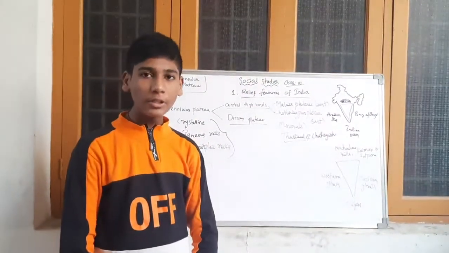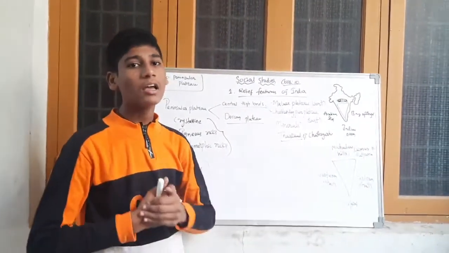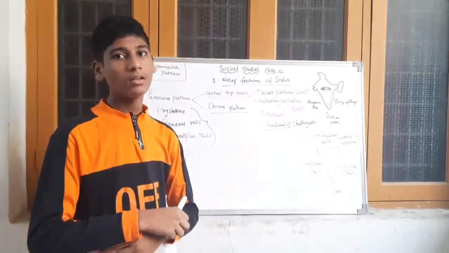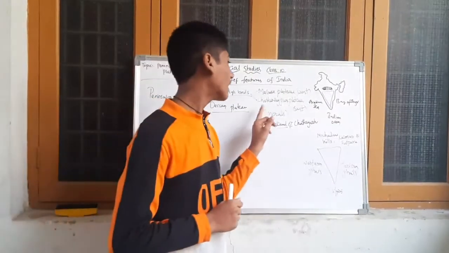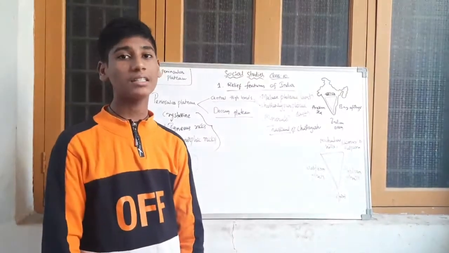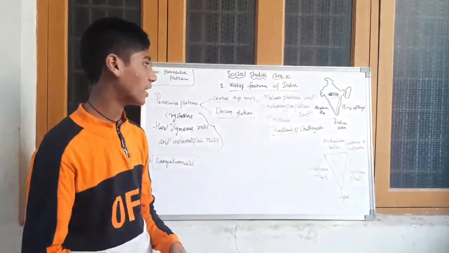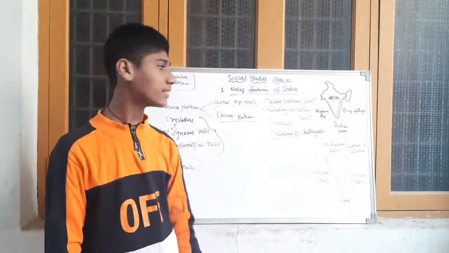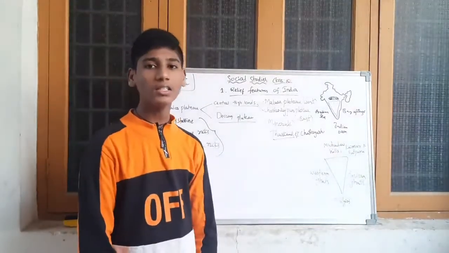I think in multiple choice questions or one mark questions, they ask what the Chota Nagpur Plateau is famous for. At that time, the Chota Nagpur Plateau is very famous for being rich in minerals. And this Chota Nagpur Plateau lies between Jharkhand and Chhattisgarh.